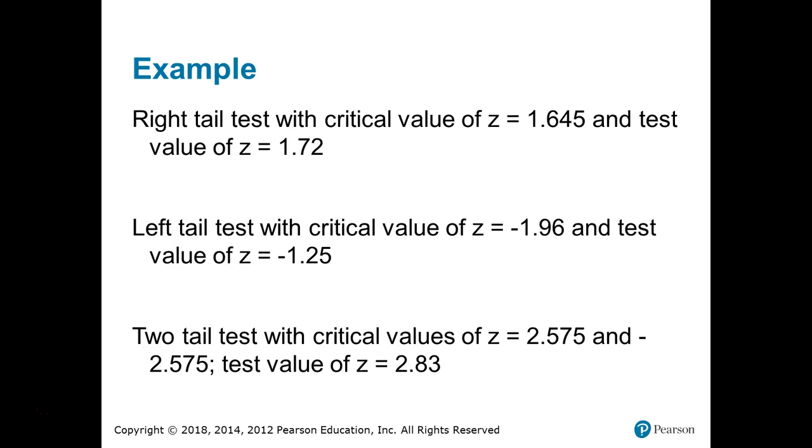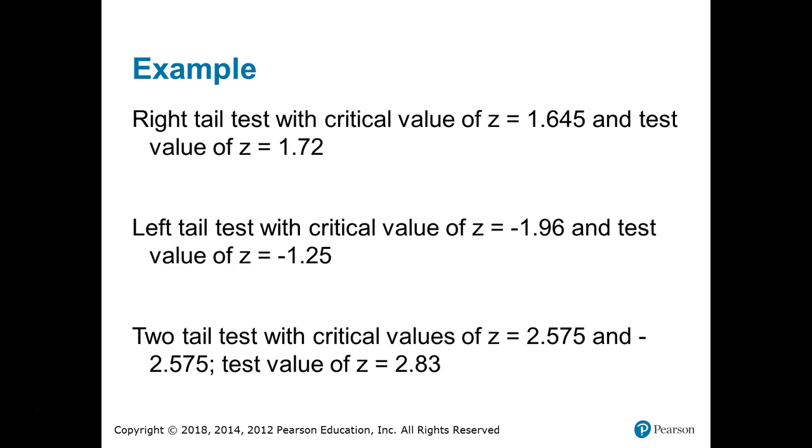Since a test value of 1.72 is greater than 1.645, it will fall to the right of that value, within that right tail region. Since it falls within that right tail region, we can reject the null hypothesis.